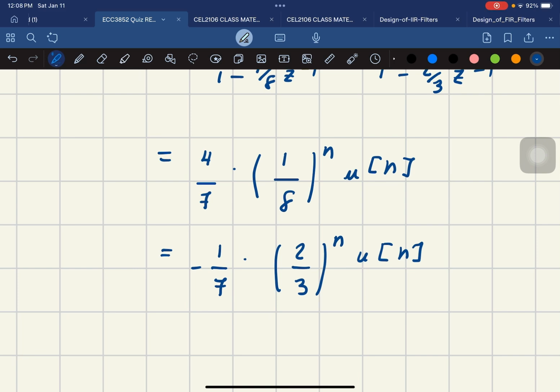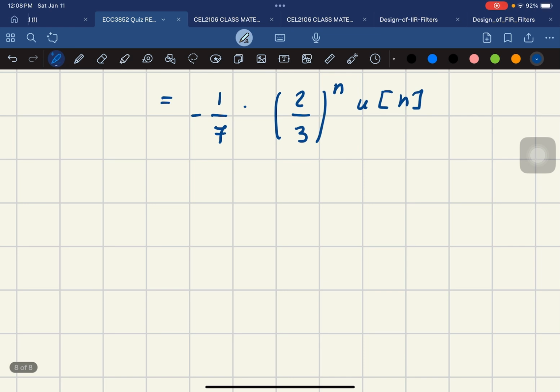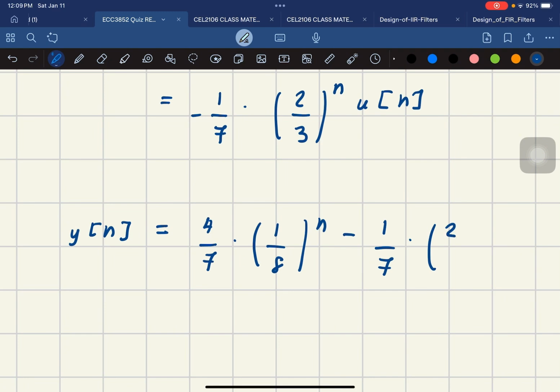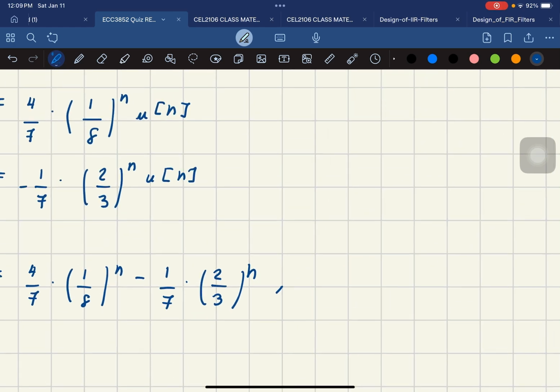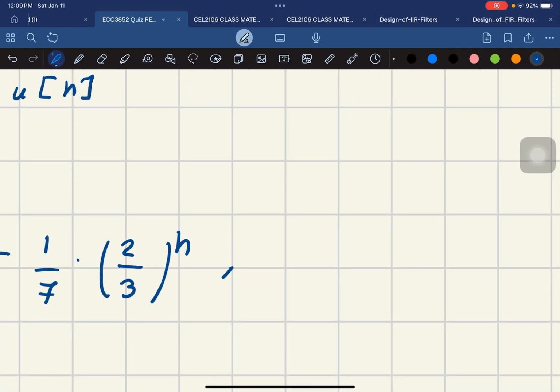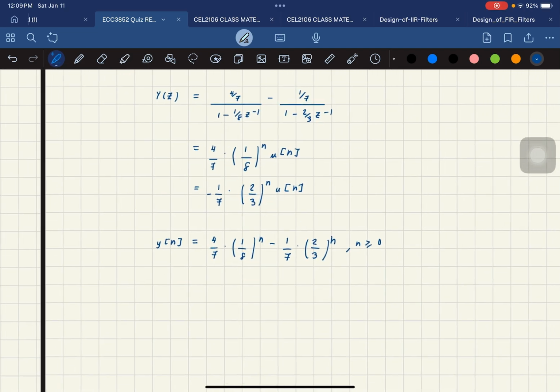So the final answer will be yn equals 4/7 (1/8) to the n minus 1/7 (2/3) to the n, multiplied with u of n, so n is greater than or equal to 0. Okay, so this is the final answer for the frequency domain.